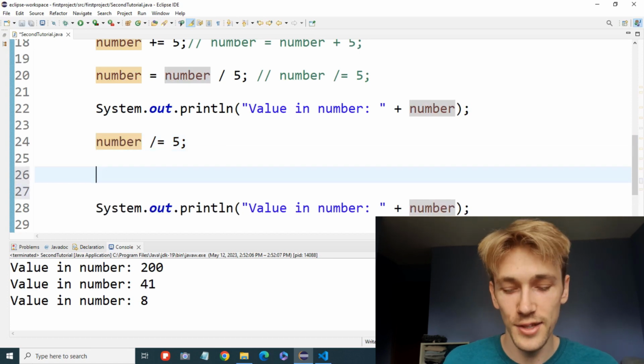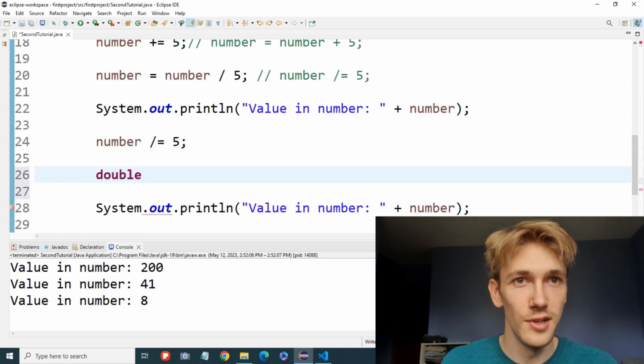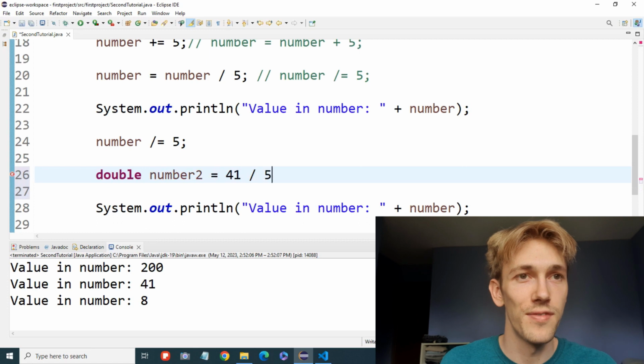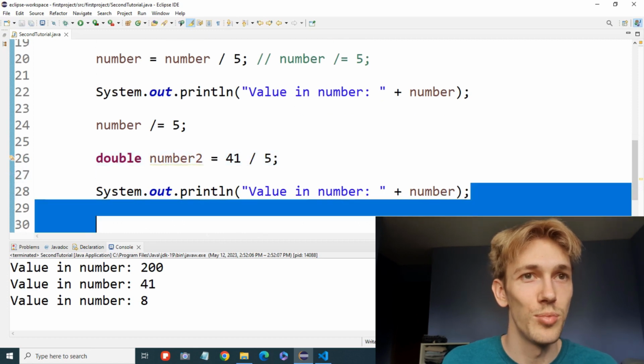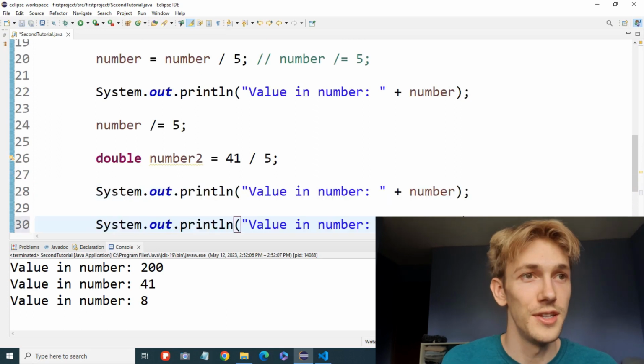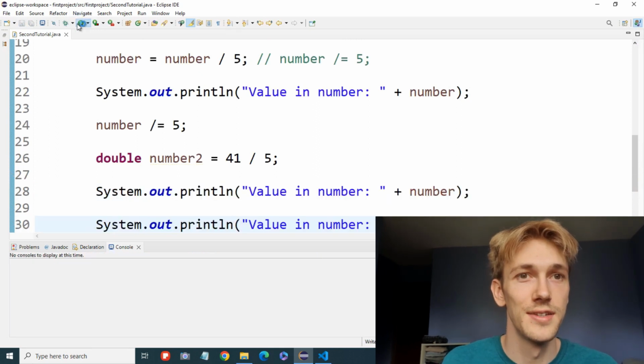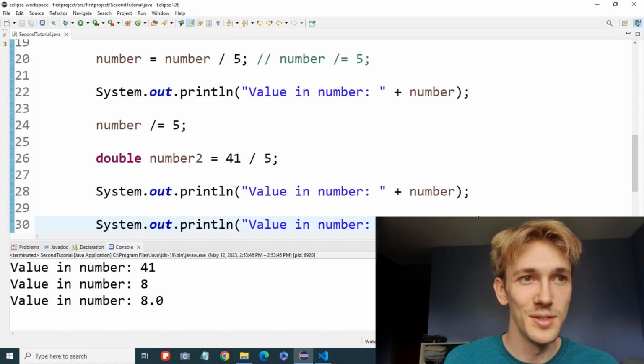So you might think, hey, let's just go do double number 2 equals 41 divided by 5. And then if we print that out, you would think, hey, maybe we'll just get the 8.2 now. But unfortunately, you don't. You still just get 8. Now it just has a 0.0 on the end, but it's not the 8.2 result that we want.